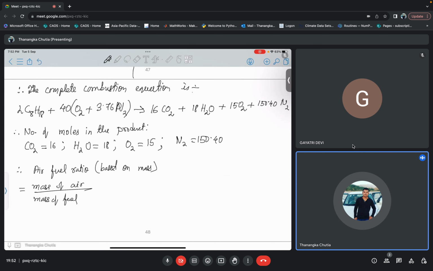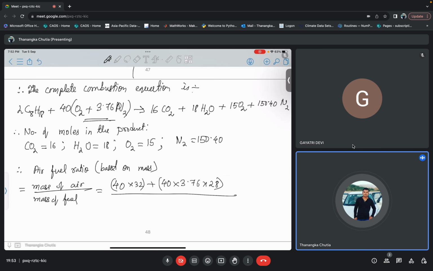Now what is the mass of air? This is the air, so you just have to calculate the mass of this one. So 40 times the mass of oxygen, which is 32, and 40 into 3.76, the number of moles of nitrogen, times its mass, which is 28. So this is the mass of the air.